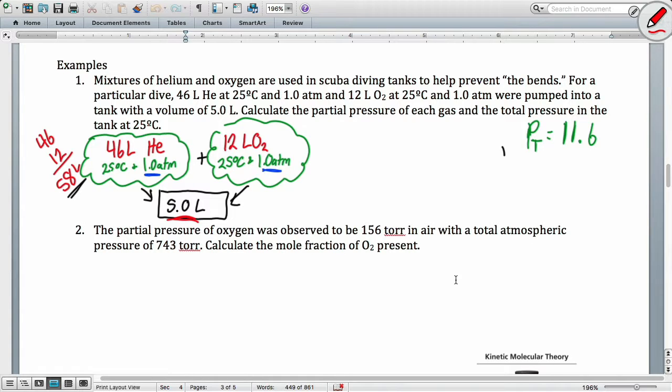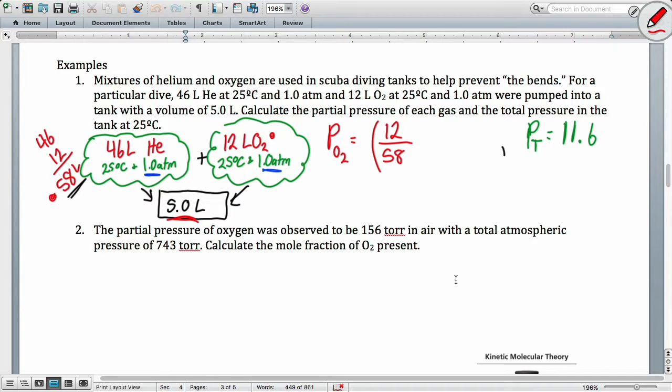Now let's talk about the partial pressures. To get the partial pressure of the oxygen gas, I have to take the fraction that is the oxygen gas. So the fraction that is oxygen is 12 out of the total, 58. Again, that's my 12 liters of oxygen divided by my total liters of gas. The fractions you can do in any units.